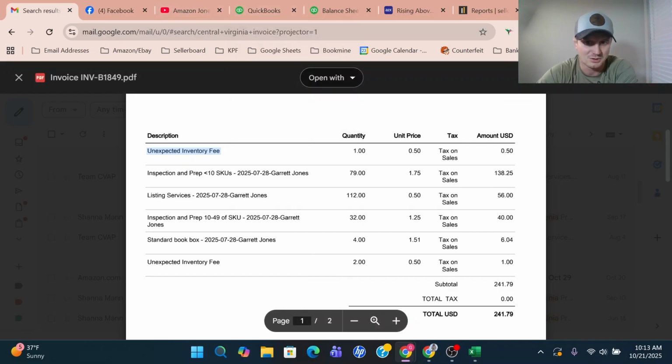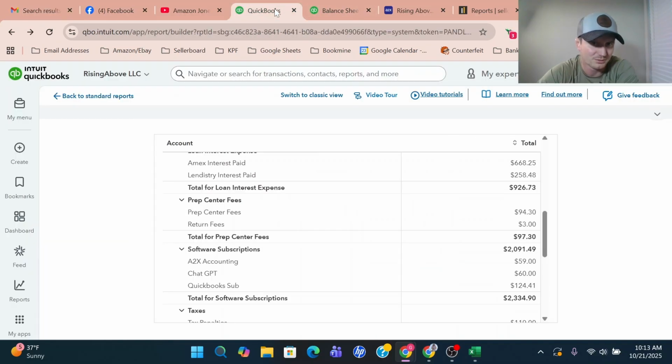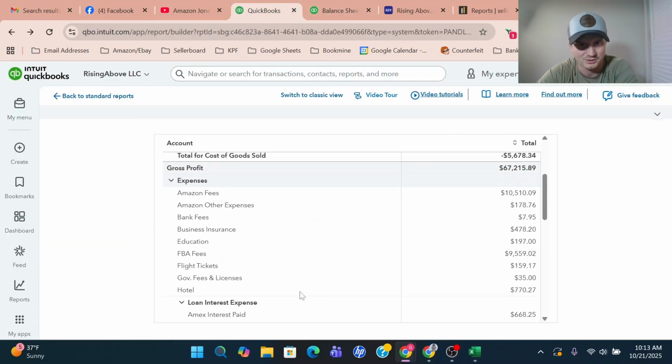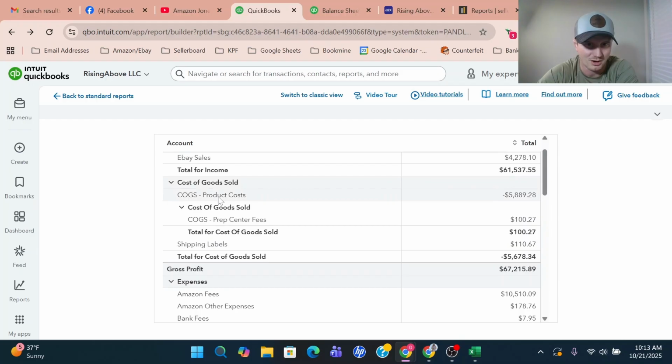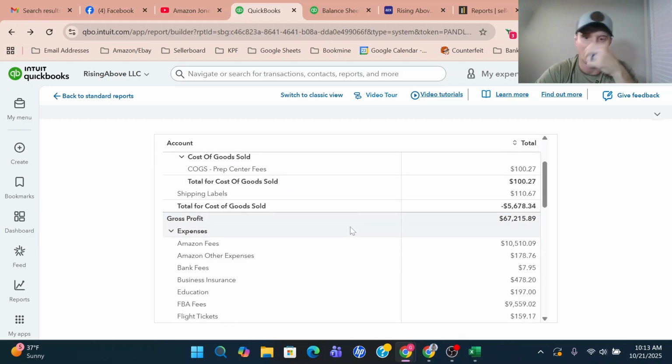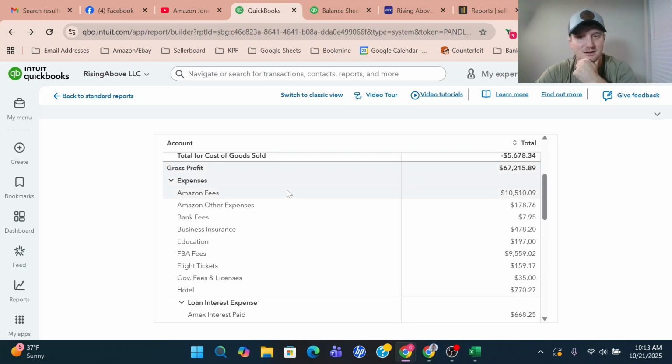Now, you can do all that, or you can do it just regularly and put it as COGS prep center fees. I am honestly abandoning all of this accuracy. I want to keep the A2X because I really like being able to see how many Amazon fees I have, how many FBA fees I have.